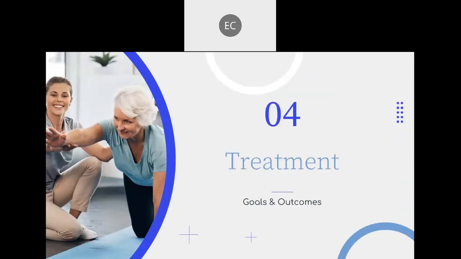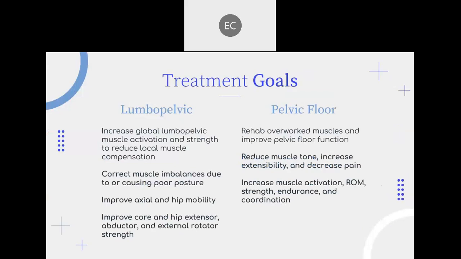So a couple of goals and outcomes for treatment. We have overall increase in global lumbopelvic muscle activation and strength to reduce local muscle compensation. And we can do that by correcting muscle imbalances due to or causing poor posture, improving axial and hip mobility, improving core and hip extensor, abductor, and external rotation strength.